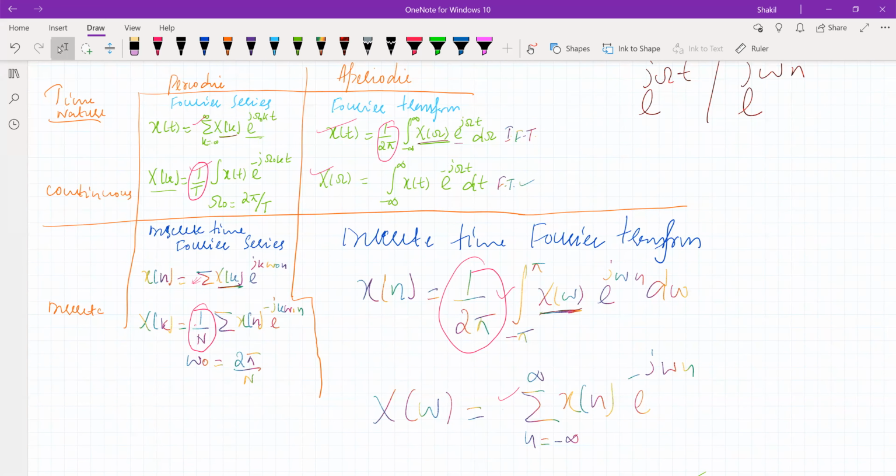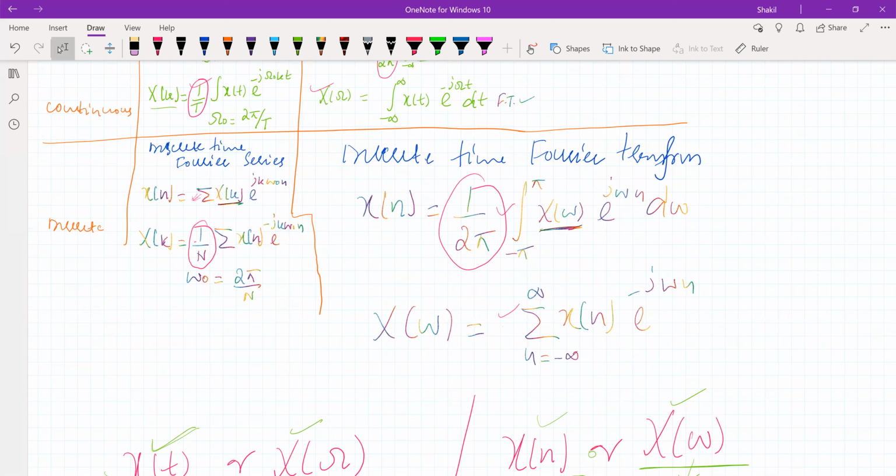I hope you have got this idea of what Fourier analysis is, what it's all about, and why we go for sinusoids, and why we express x of t or x of n as a weighted sum of these sinusoids. What is the concept behind that? I hope that's clear. Now, in this session, or in digital signal processing, we will start with this.